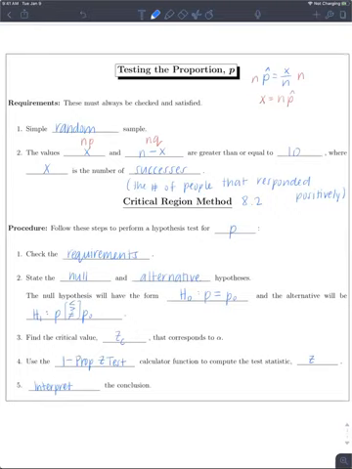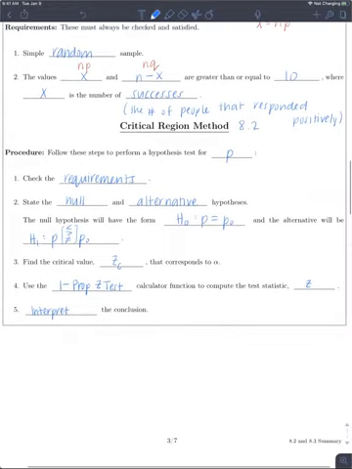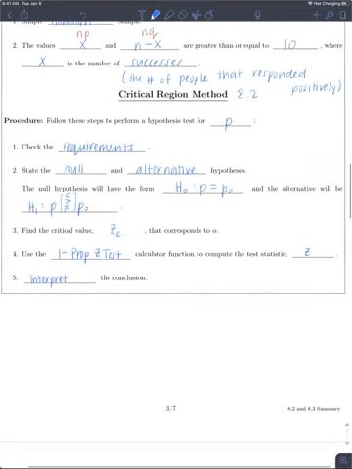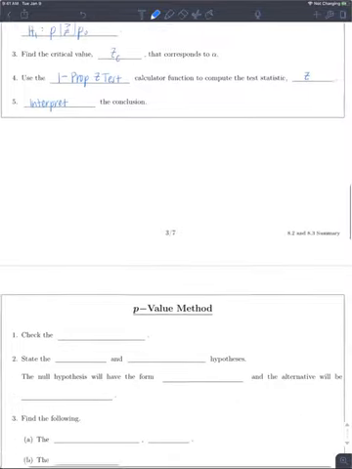Okay, can I scroll? Is everybody done with this page? This is page 3. So I'm going to go to page 4 if there are no objections.